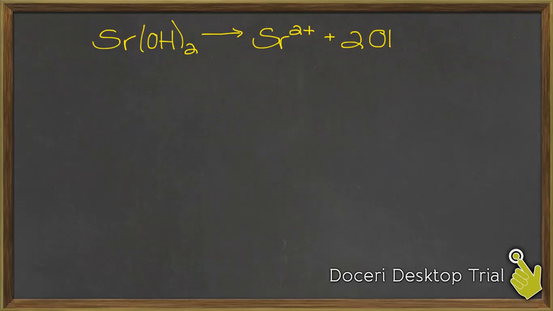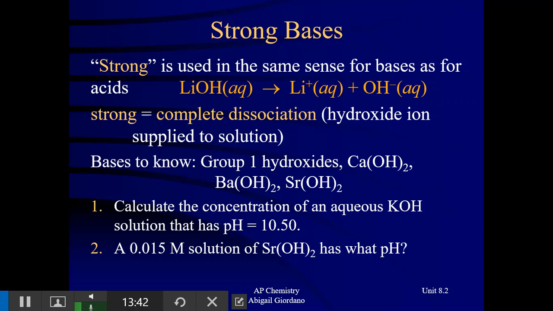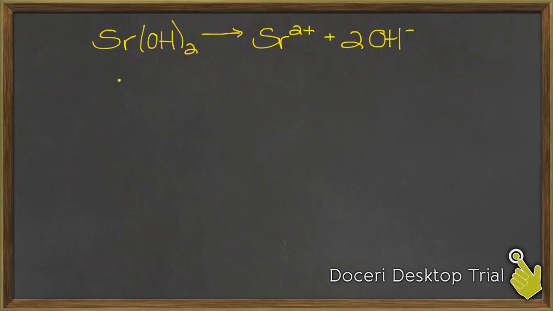There's 2 hydroxides in there. Got to make sure you have a balanced equation. And let me come back here. What did they give us? They said that the molarity of Sr(OH)2 is 0.015.